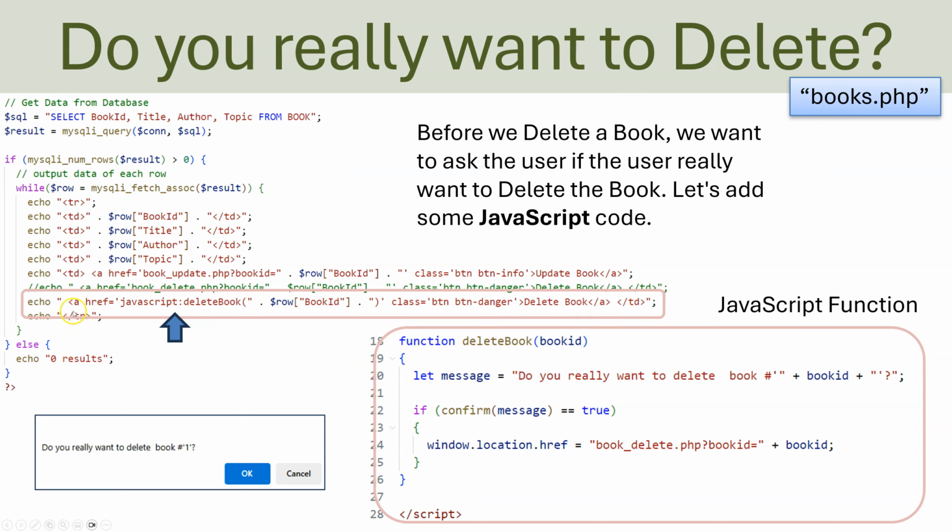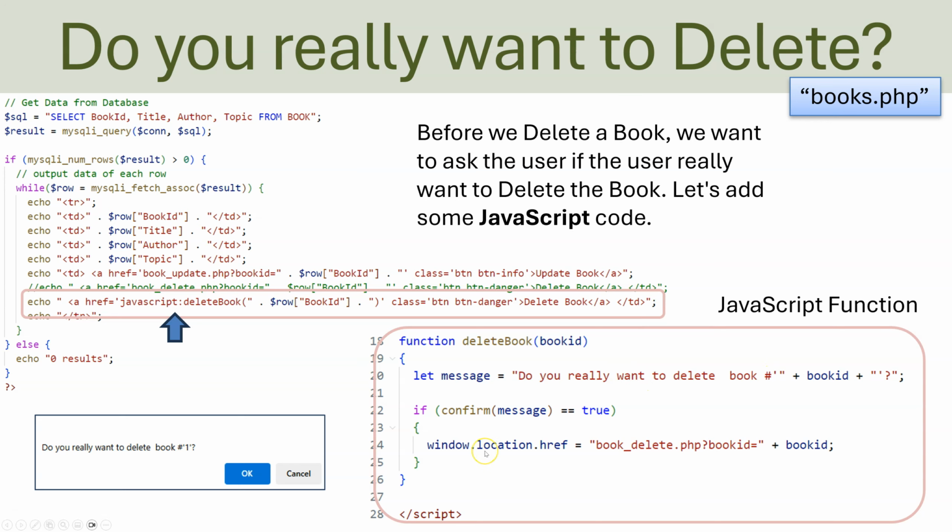So here in the delete button I can use this javascript colon, and then specify a name of a JavaScript function, in this case deleteBook, and then you can specify that JavaScript function in another place in the same web page, like this, deleteBook, and the input should be book ID, and then you can create this message: do you really want to delete this book?